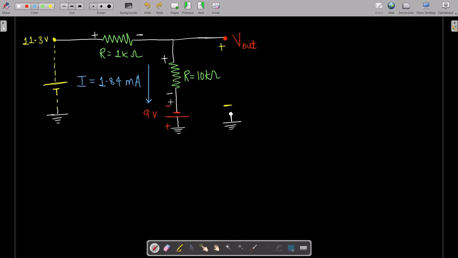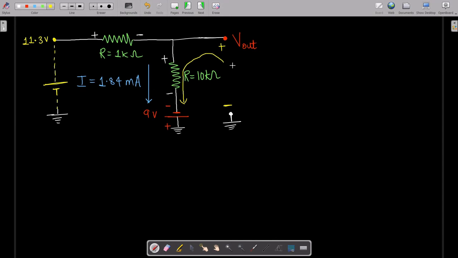Now what we want is the value of V out. For that we need to apply KVL in this particular direction. Let me use a different color, yellow. Obviously the current flowing through this other loop would be 0. Why? Because it is an open circuit; as you can see, there isn't any component connected between them.